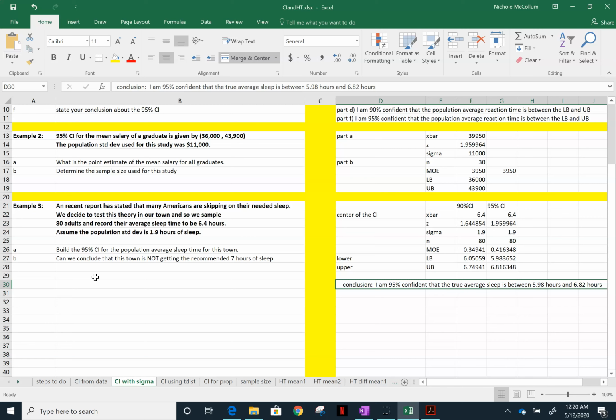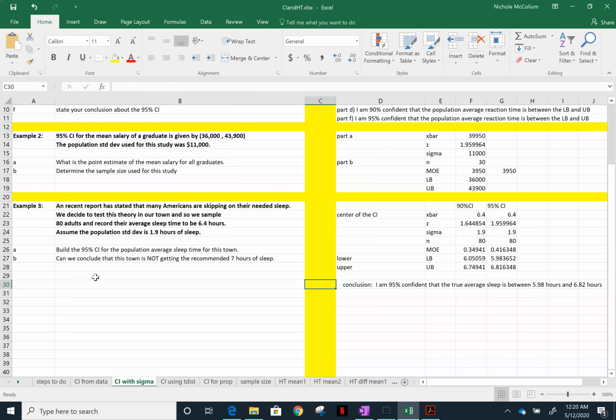The answer is for part B. So for part B, my answer is I don't think so. I don't think they're getting the recommended hours of sleep. So can we conclude that they're not? Well, with 95% confidence, I can conclude they're not. Notice 7 is not in the confidence interval. 7 is not in the CI.